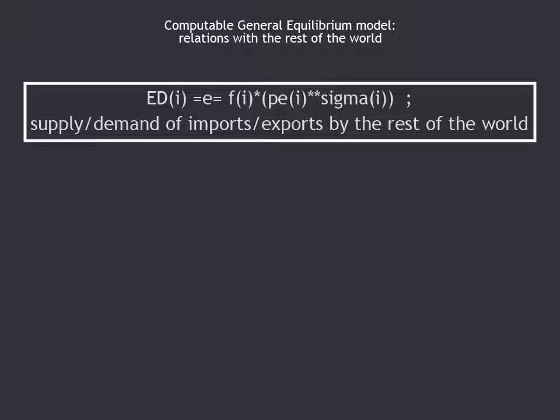And if ED is negative, it means that we've got exports, and this equation means that the rest of the world is ready to demand a quantity ED at price PE. You have to understand these equations as equations of determination of the world price in sector i. And in fact, it is either a supply of imports by the rest of the world or a demand for national exports by the rest of the world.